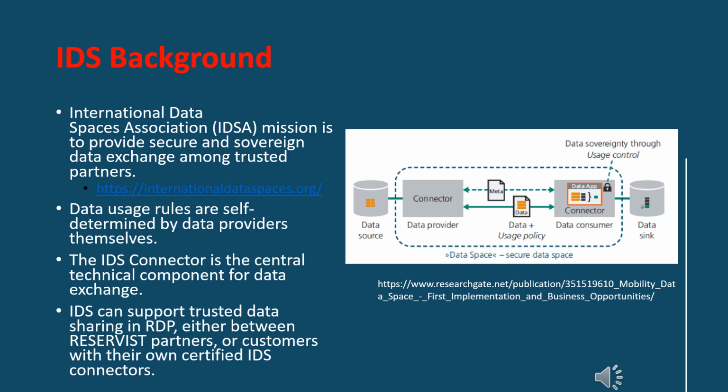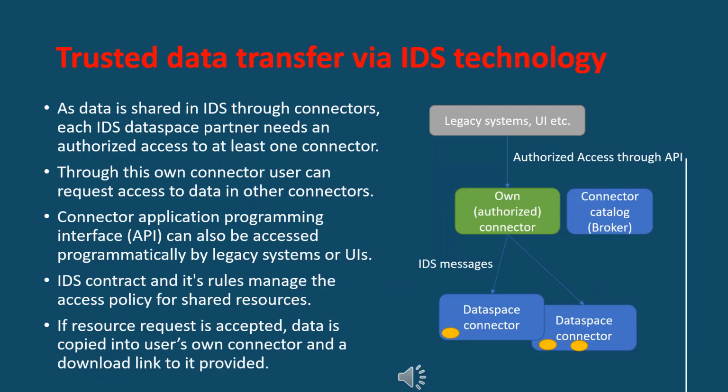This technology can support trusted data sharing in RDP either between Reservist partners or customers with their own certified IDS connectors. Because data is shared in IDS through connectors, each IDS dataspace partner needs authorized access to at least one connector. The user can request access to data in other connectors through its own connector.